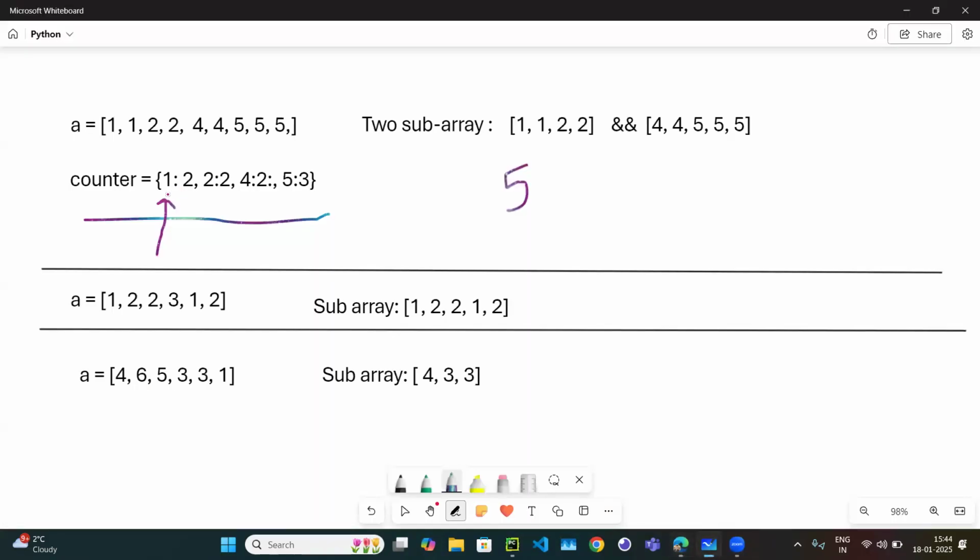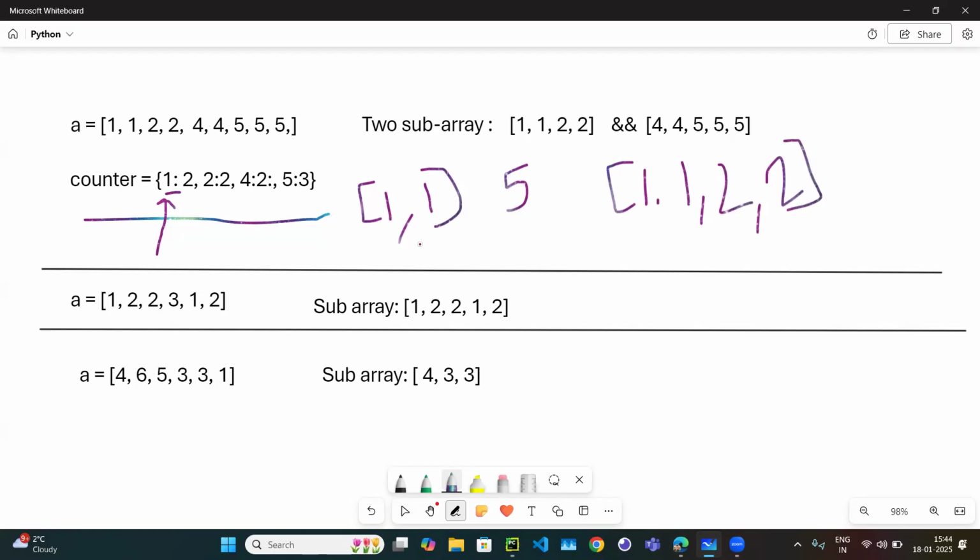First key is one. So one array could be one comma one as well, right? So this is also one of the arrays, and also one array could be one comma one comma two comma two. All right, so this is also one of the arrays.